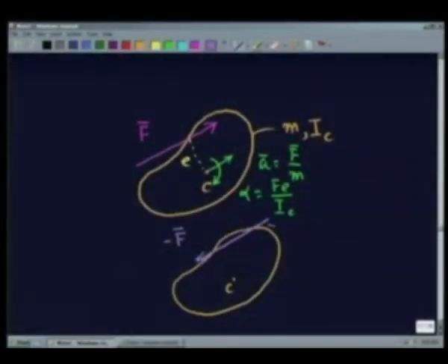So, this is nothing but the resultant of an inertia force minus ma and an inertia moment, which is minus alpha Ic.